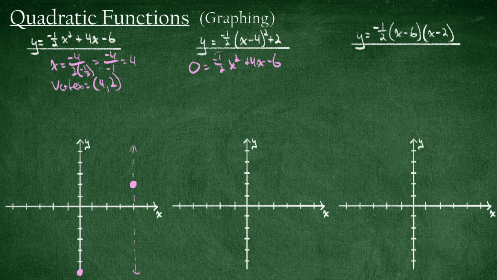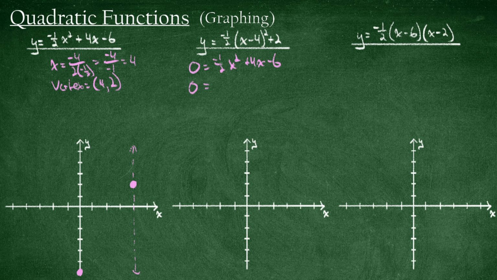To make this easy, I really don't like this negative 1/2. So I'm going to multiply both sides by, oh, I'm sorry, not by negative 1/2, by negative 2, because I want to wipe out that negative 1/2. 0 times negative 2 is still just 0.